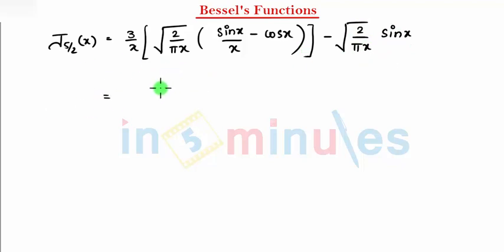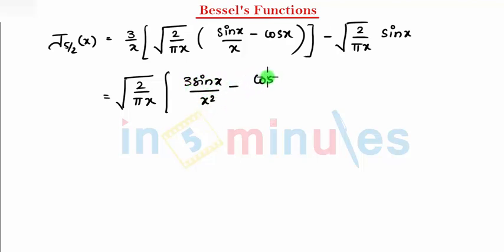From here what we can take common is under root 2 by pi x, and further I can write here 3 sin x divided by x square minus 3 cos x divided by x, and the last term is minus sin x.